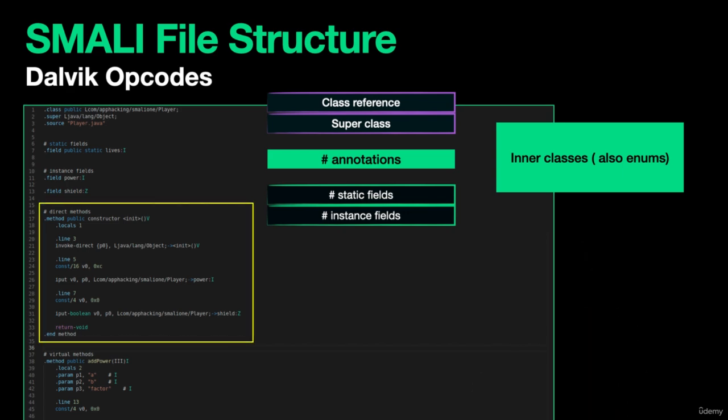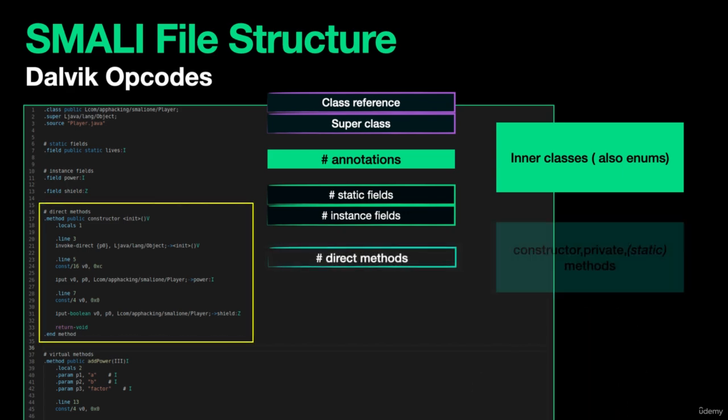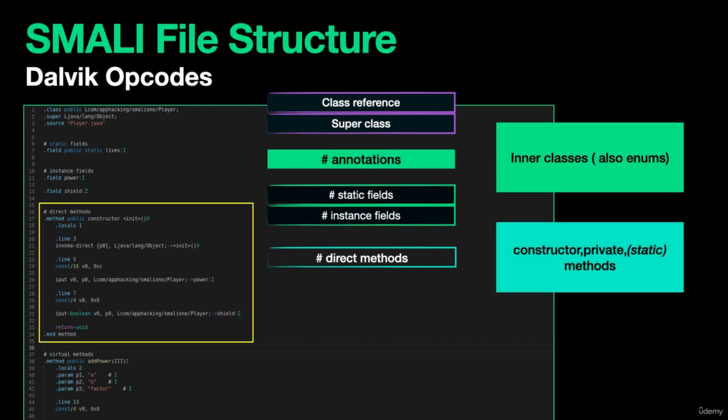Next, we've got a new hashtag, and this one starts with direct methods. This one is regarding private methods, static methods, and also constructors. Regarding static methods, this is a little bit special because the Dalvik bytecode has a certain reference for this one, so we do not find static methods in there. In this case, we can focus on constructors and private methods.